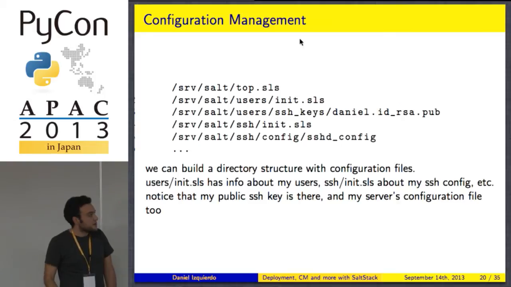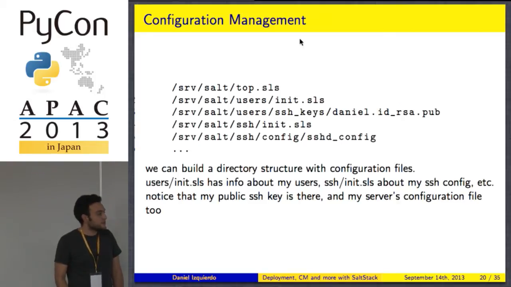So we can build a directory structure with files like the one I previously presented. We have a set of YAML files, and then we have the top file, which I just showed, and then, for example, a users/init.sls file.